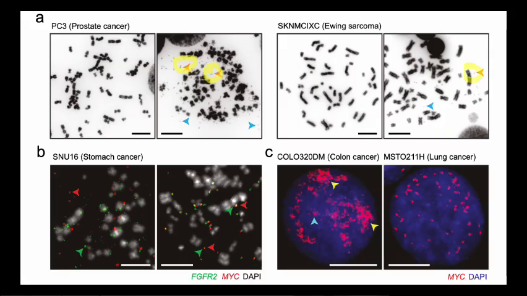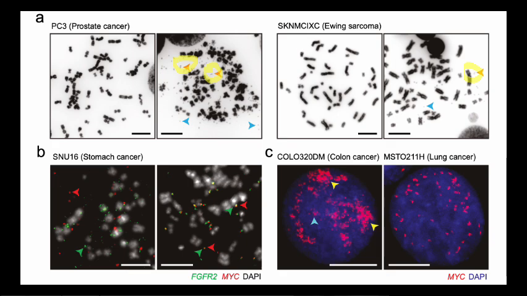But below in figures B and C, in both gastric cancer and colon cancer lines and lung cancer, we can also visualize demons with something called fluorescence in situ hybridization, which is called FISH. And FISH actually selectively fluoresces or highlights specific genes, for example, in our context, oncogenes, that are expressed by different types of chromosomes.